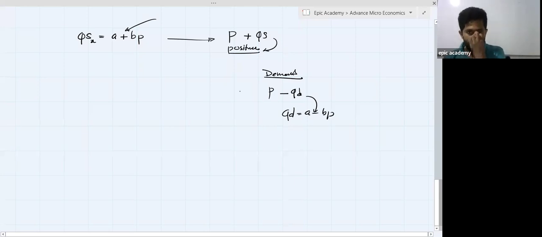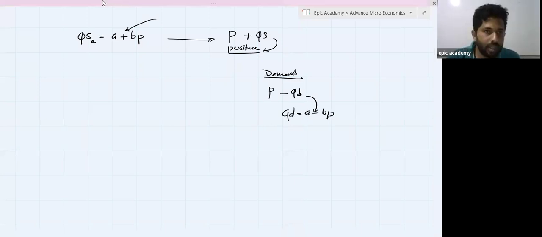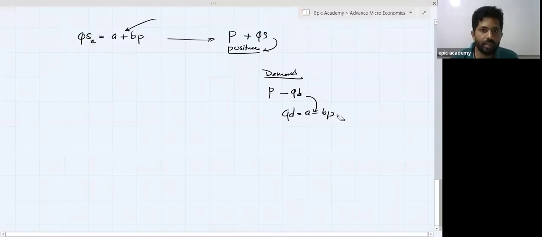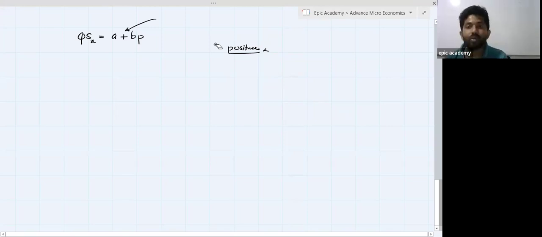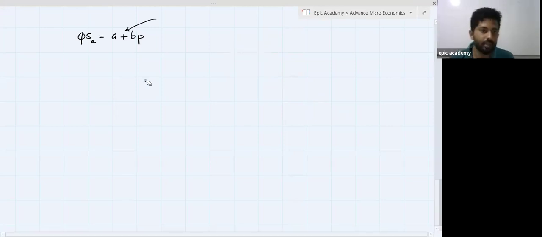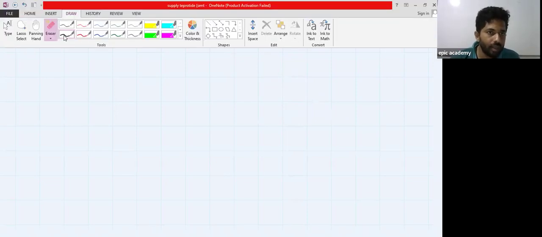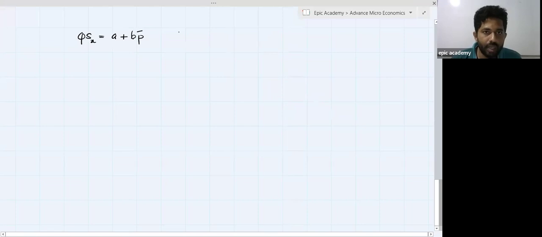So this plus value represents the relationship between price and quantity supplied. That negative value represents the relationship between price and quantity demanded. B represents the slope of the supply curve.